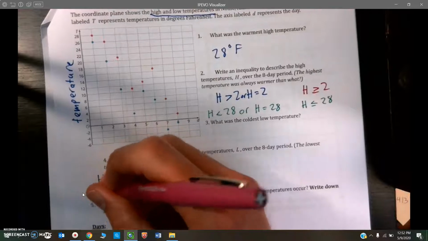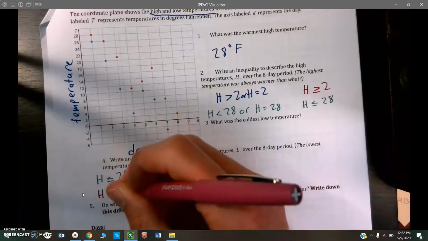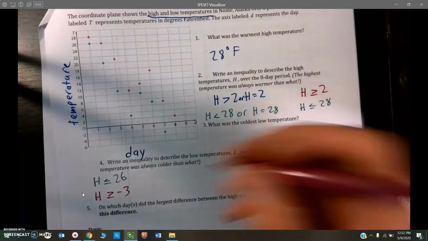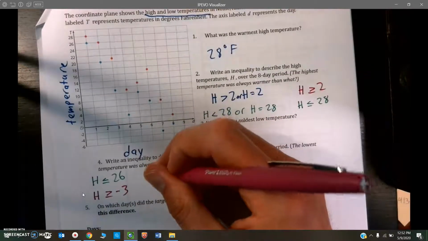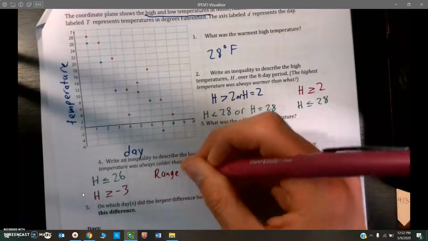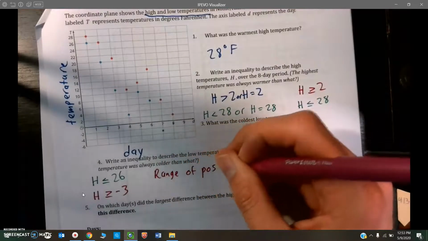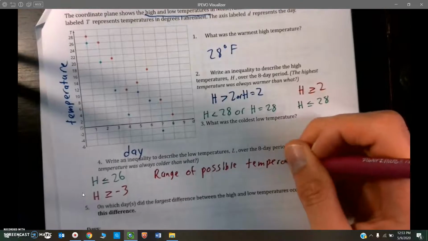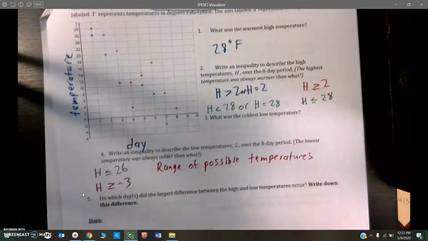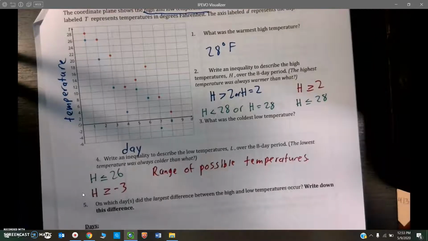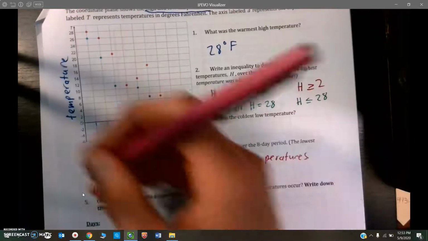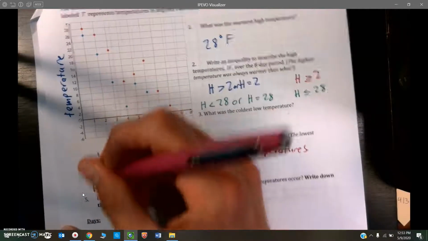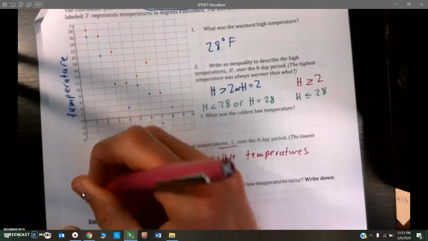And H was always greater than or equal to -3 degrees. So once again, this shows a range, okay? And I shouldn't have used H here, that's my bad. Because we're talking about the low temperatures, it says to use L. So I should have used L, not H.